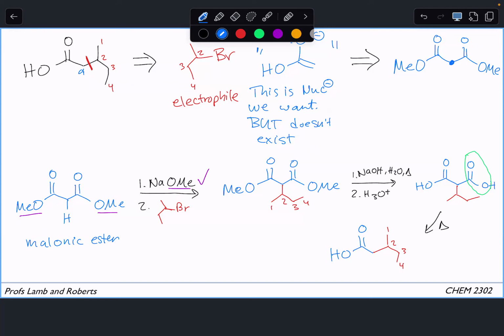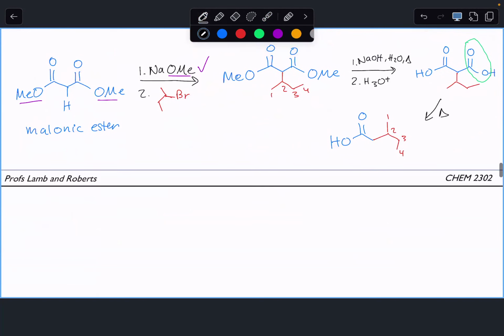Okay. So when it's a carboxylic acid, I think it's a little bit more clear where that cut should be. I think it gets a little bit more complicated when it's a ketone. So let's look at an example where it's a ketone.